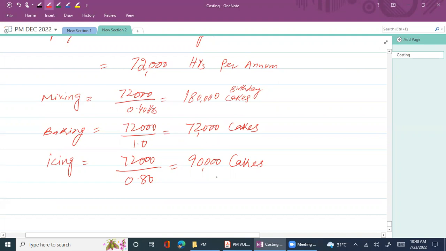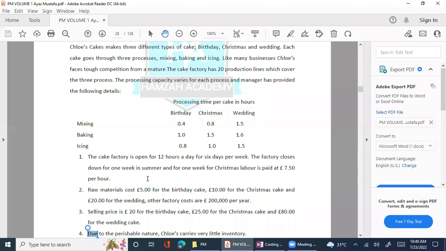So 72,000 will be iced, but the remaining 18,000 will not be there because of the binding constraint of the baking department. At the end, we can write that based on this calculation, the production capacity of the baking department is the lowest. Therefore, the baking department is a binding constraint. So the first requirement is to identify the bottleneck process.